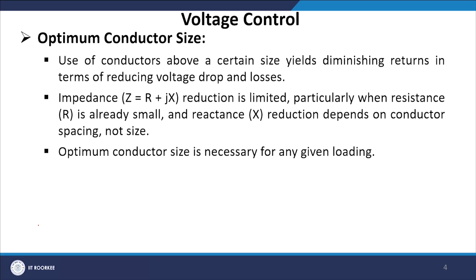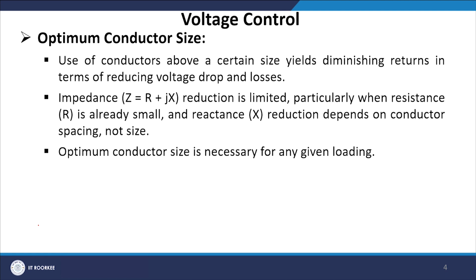Both voltage drop and losses depend on line impedance and loading. Lower line voltage drop and losses are desirable, often achieved by using larger conductor sizes. Now, use of conductors above a certain size yields diminishing returns in terms of reducing voltage drop and losses.